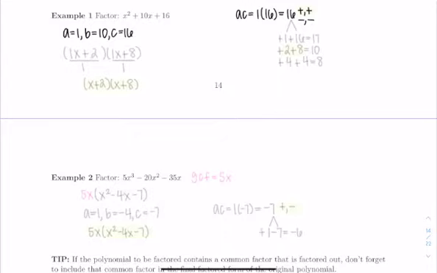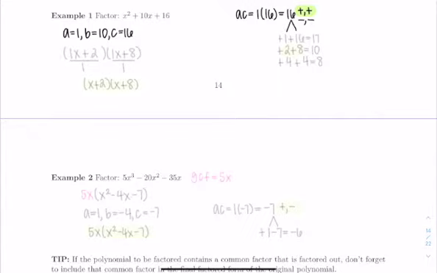So when dealing with a positive result from our multiplication, our numbers can be either two positive numbers or two negative numbers. We know which pair of signs to pick by looking at B. Since B is positive 10, we're going to be using the two positive signs.